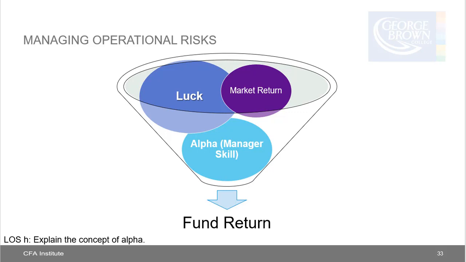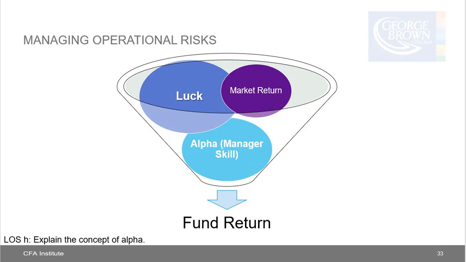Skill. A skillful fund manager is able to add value to a portfolio over and above changes in the portfolio's value that are driven by broad market movements that could have been produced by a passive fund manager. Because luck will tend to even out over time, a skillful manager is one who adds this value consistently over time, year after year.